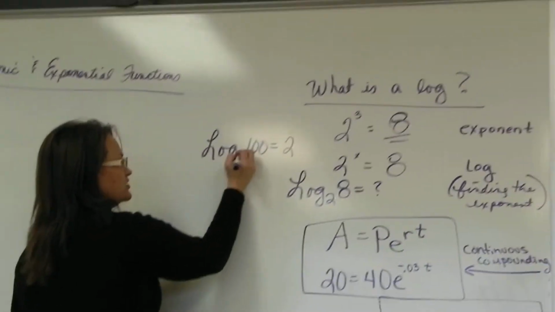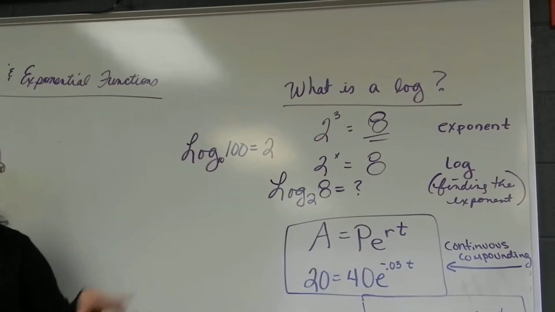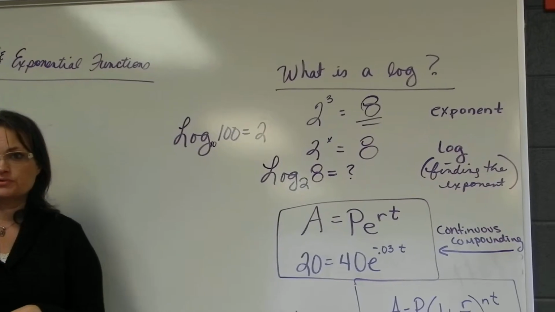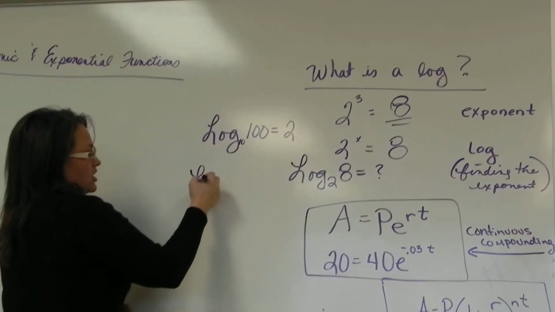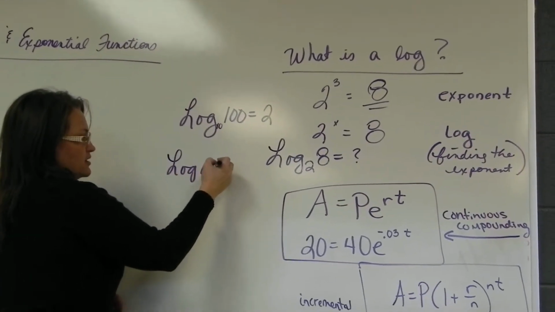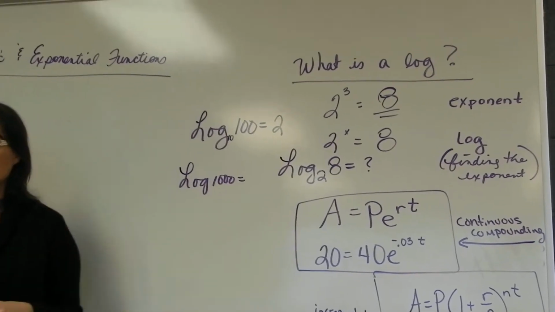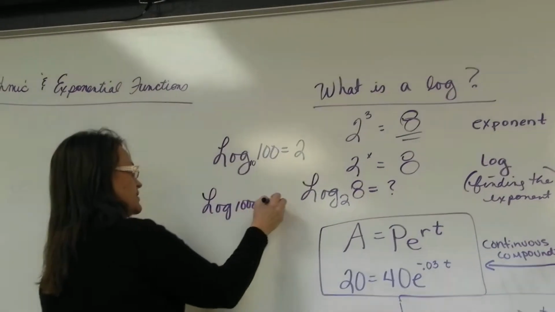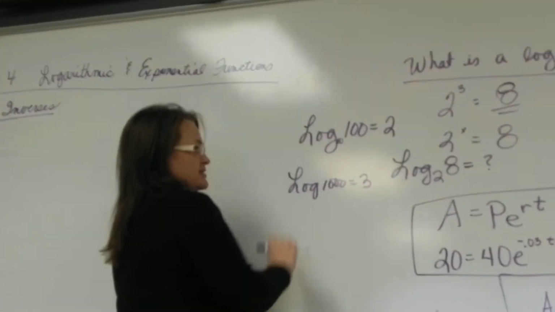So this is understood to be a subscripted 10, so that means 10 to what power is 100, and that's why you say 2. So if you hit log of 1,000 on your calculator, you should get a 3, because 10 to the third is 1,000.